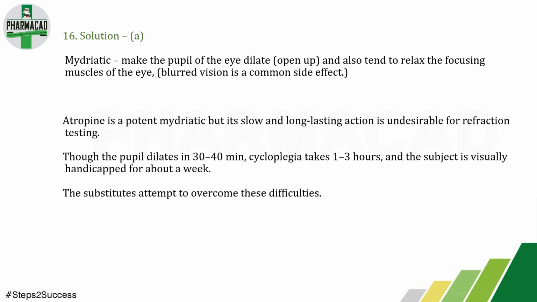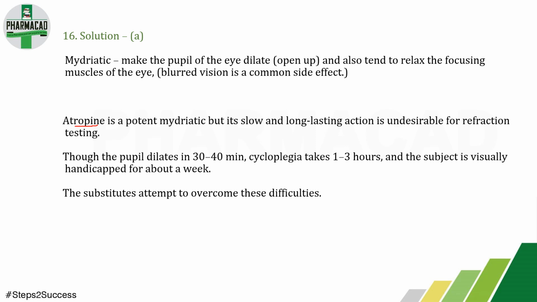If the pupil dilates, it will open up and tend to relax the focusing muscles of the eye, and in doing this, blurred vision is a common side effect of mydriatic drugs. So the strongest acting mydriatic is atropine. Atropine is a potent mydriatic agent, but its slow and long lasting action is undesirable for refraction testing.